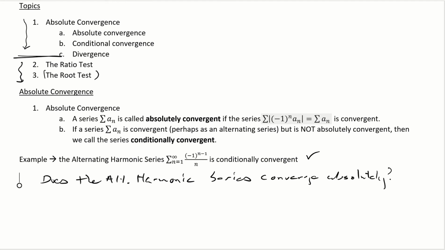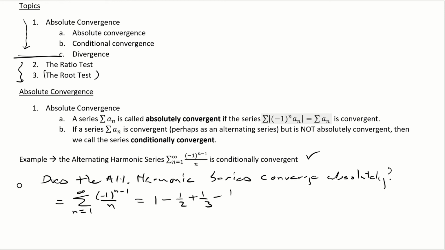Those of you that are really paying attention can look ahead and maybe draw your own conclusion. Well, you take this series, which is the series n equals 1 to infinity of (-1)^(n-1) over n, and just for fun, I'm going to show you some terms. So you've got 1 minus a half, remember this guy?